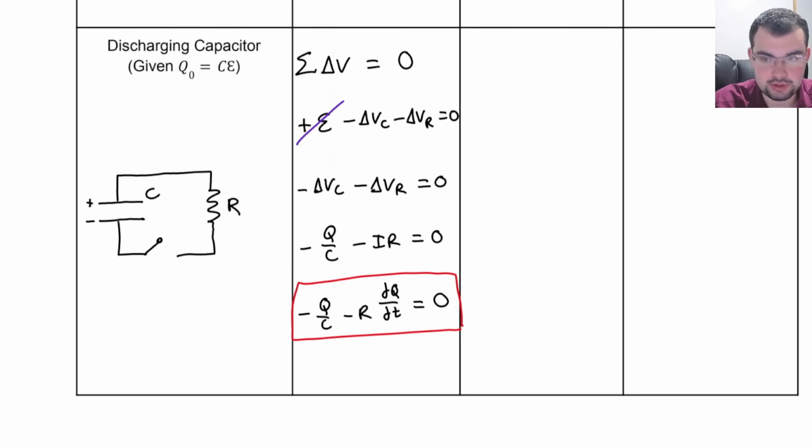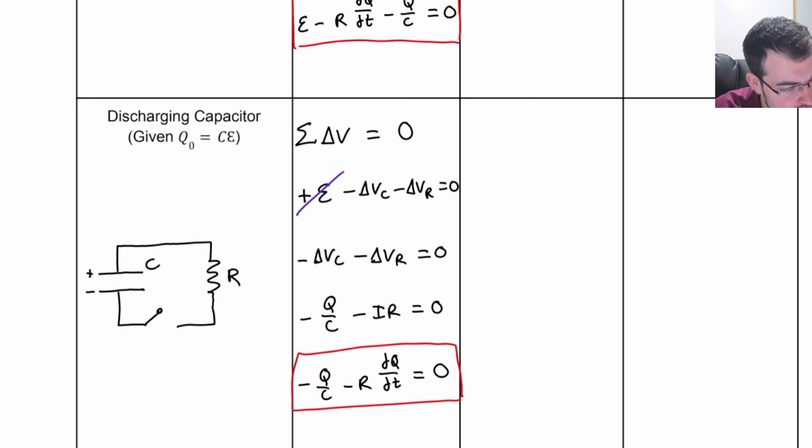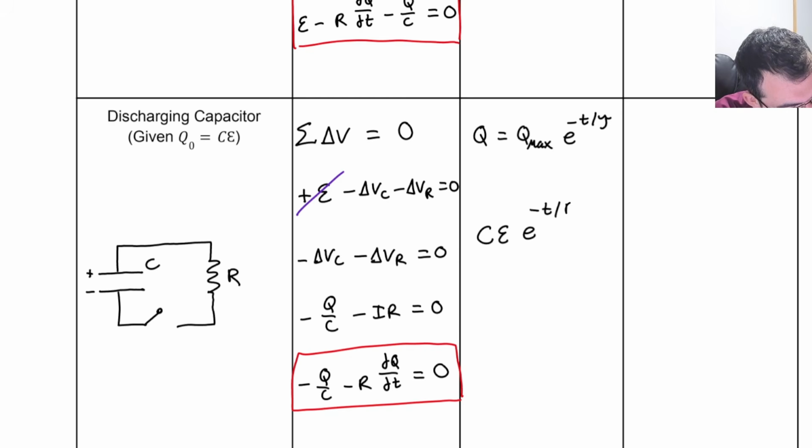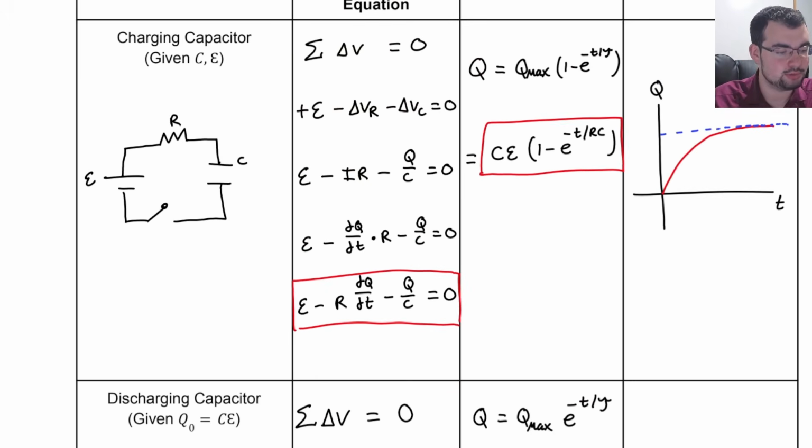All right, what's the solution to this? Well, this is just a straight up decaying exponential. We're going to say our maximum charge is C times the battery EMF, and the time constant of an RC circuit is still RC. So those are our two parent functions here.